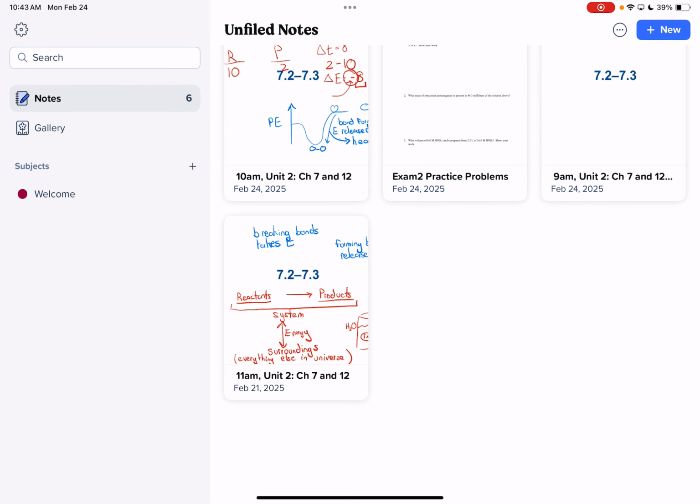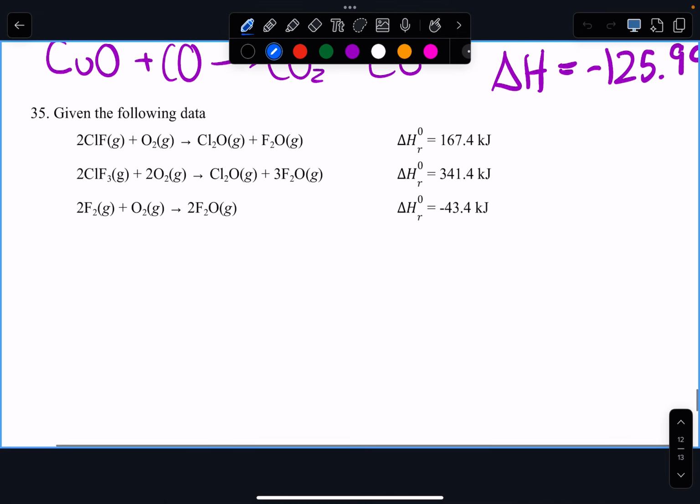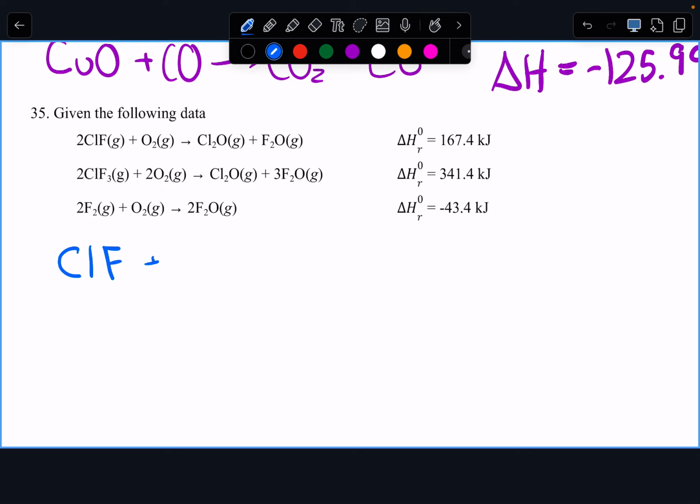So I'm going to switch back over to those practice problems I had earlier, and we're going to use them as more of a standard Hess's Law problem. Oh, is that even the one? Yes, it is. Okay. So here is the goal reaction that we're looking to find the enthalpy for. And this one is pretty messy, but you might as well get good practice before you do the homework.